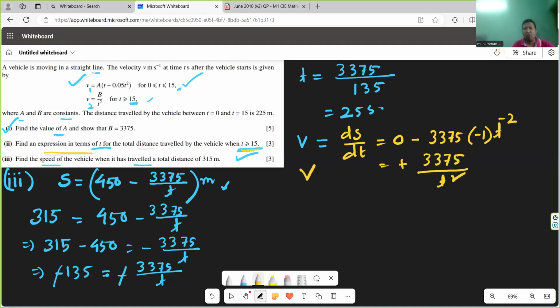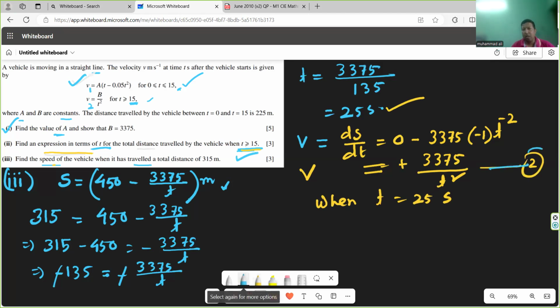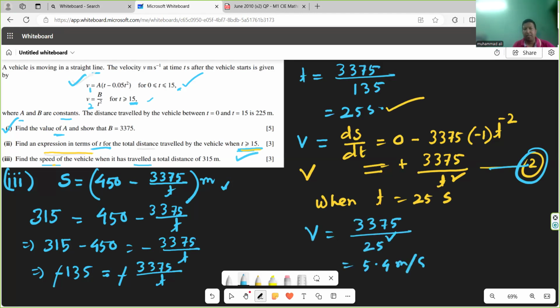So velocity equals 3375 by t squared. What do we want? We want the speed when the time is 25 seconds. So when t equals 25 seconds, we put this value in equation 2. So v equals 3375 over 25 squared, so it will be 5.4 meters per second.